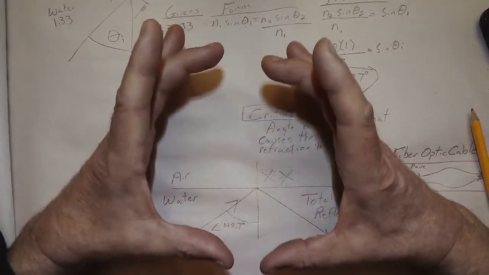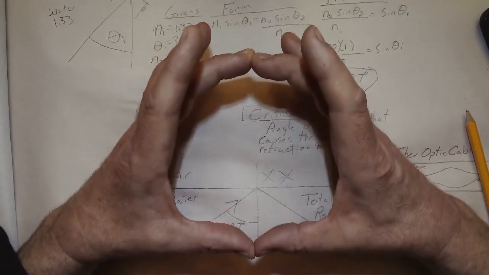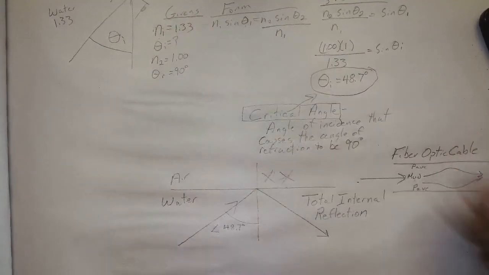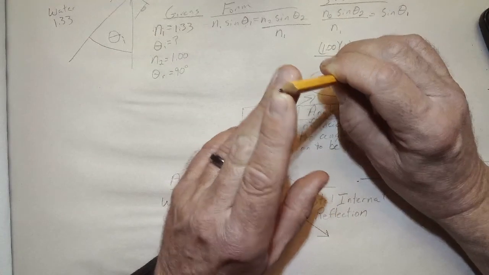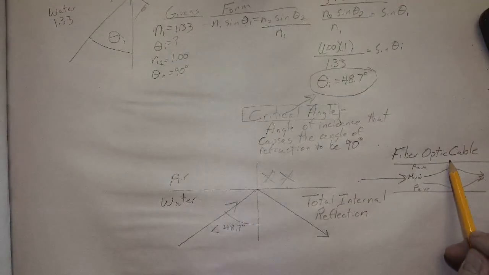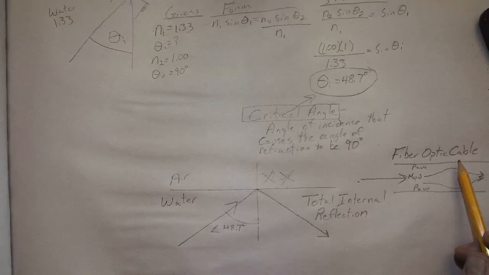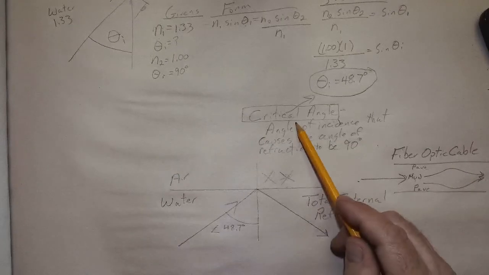Where it used to be a cable this thick with thousands of wires to make telephone calls, now the cable can be as thick as the lead in this pencil and do the same amount of work or more. So clearly, fiber optic cables are an important feature of today's modern society. It's what you're currently watching your movies with. And it all happens because of the critical angle.